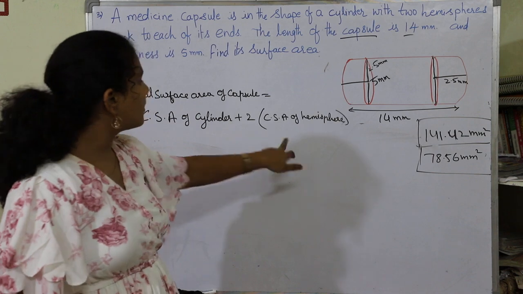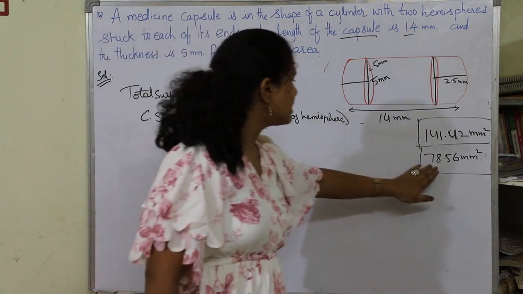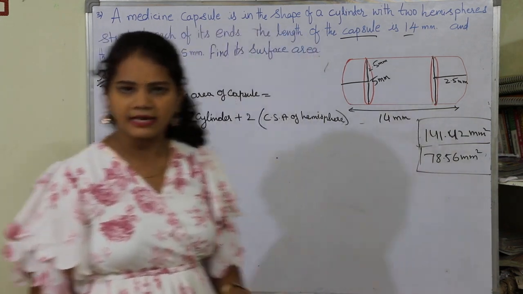Now 2 into the curved surface area of the hemisphere is 78.56 millimeter square.